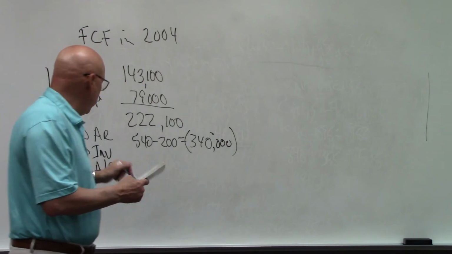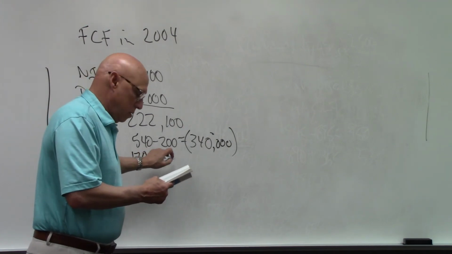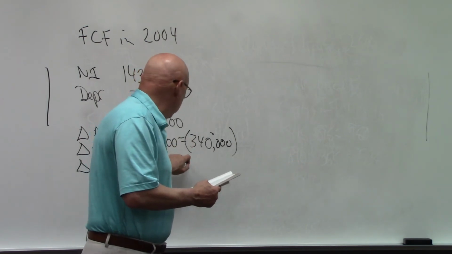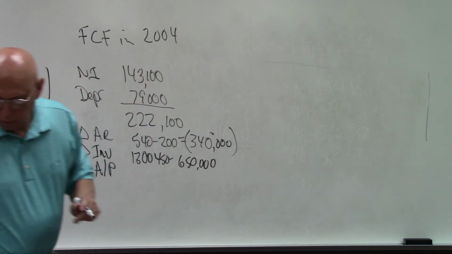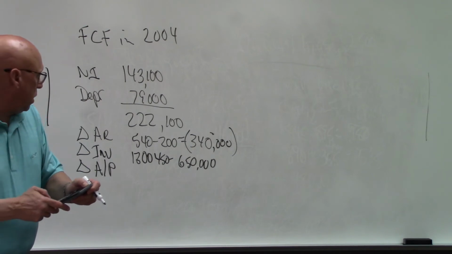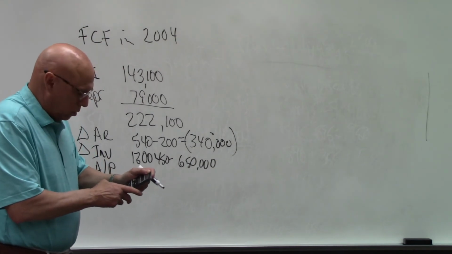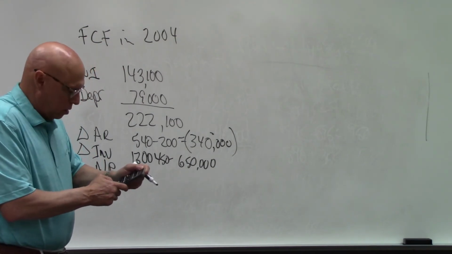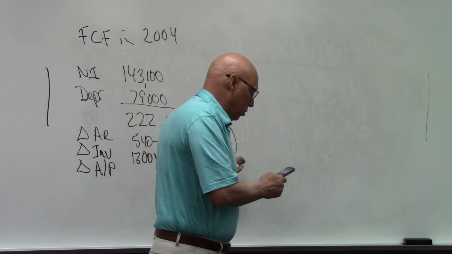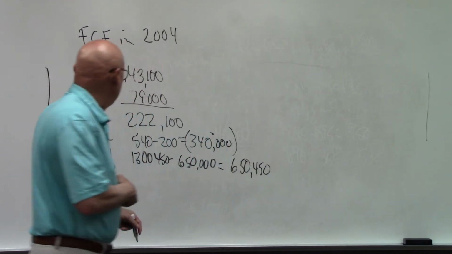Okay, change in inventory, 1,300,450 minus 650,000. $1,300,450 minus 650,000. And we spent $650,450 there. Okay.